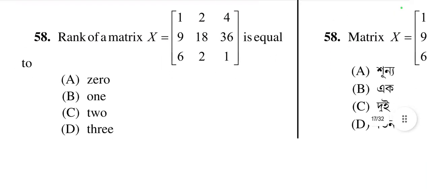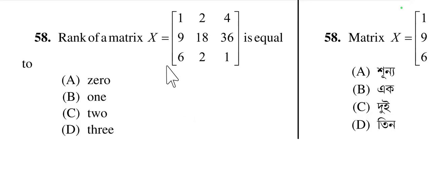Then come to question number 58. Rank of a matrix X is equal to what? We have to find the rank of this matrix. To find the rank, first we have to examine the linear independence of its rows. So check for linear dependence. The second row is 9, 18, 36. It is a multiple of the first row, which is 1, 2 and 4.